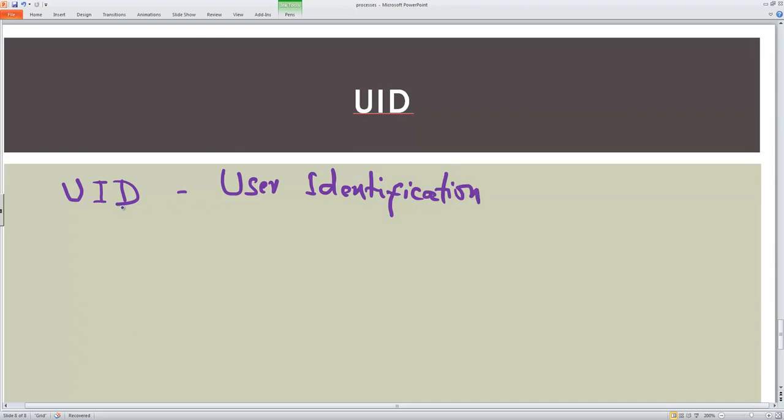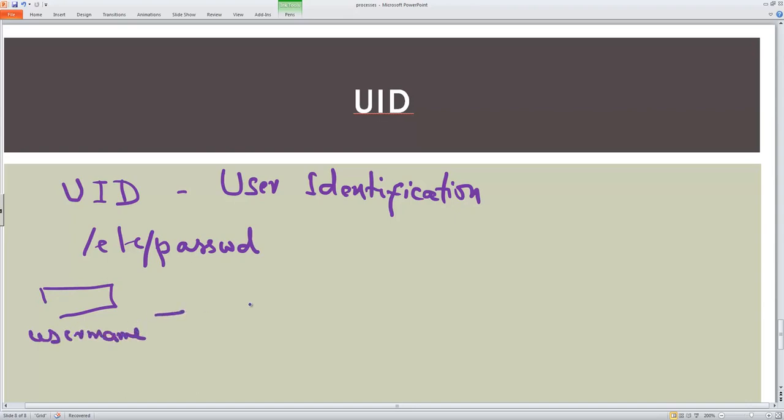So let's look at this particular file, the password file. In the password file there is an entry for username. There is an entry for user ID.